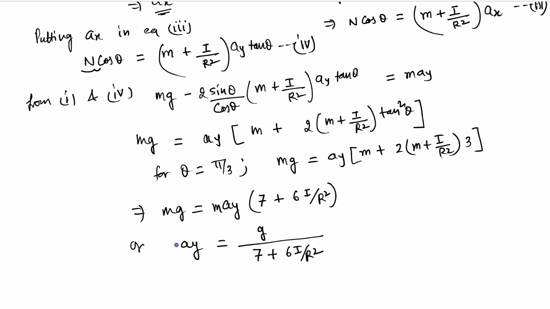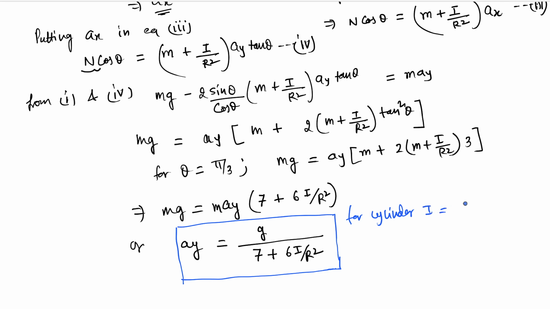So this is for a generic rigid body, not necessarily a cylinder, but let's say for a cylinder, we know that I is half m r square. So I think we should not forget the m here.